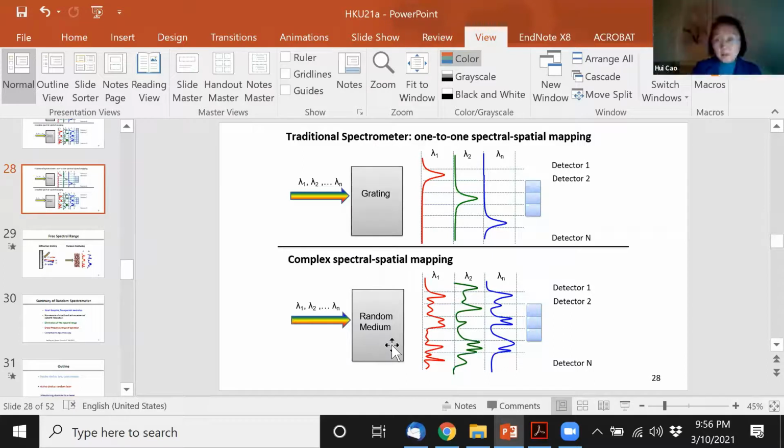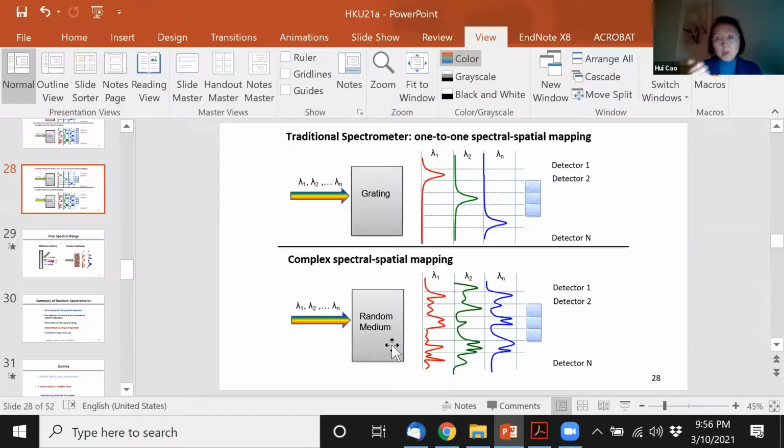That's why we can design it: you can design the scattering structures to make them highly sensitive to the wavelength. That's what we want to do here. But of course, for other applications you may not want it to be very sensitive to wavelengths. I didn't get into the detail. Actually, this speckle pattern can not only tell you the wavelengths, it can also tell you the polarization, because the polarization state will also change the speckle pattern.